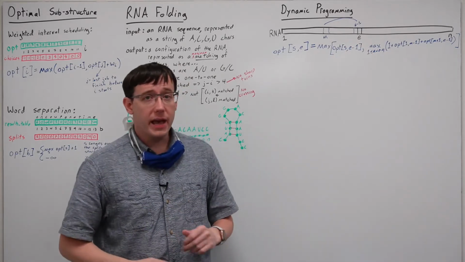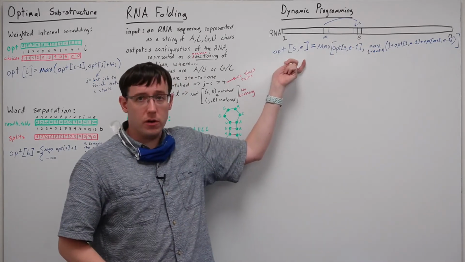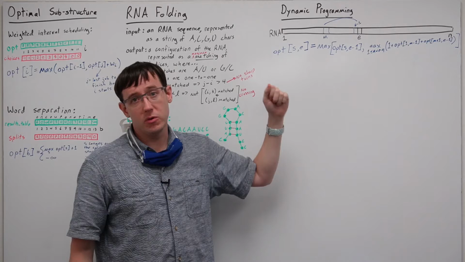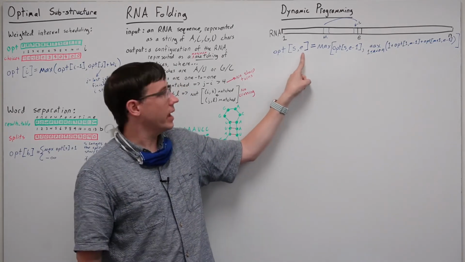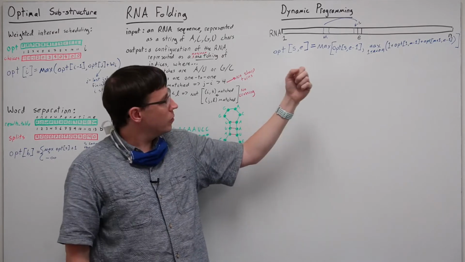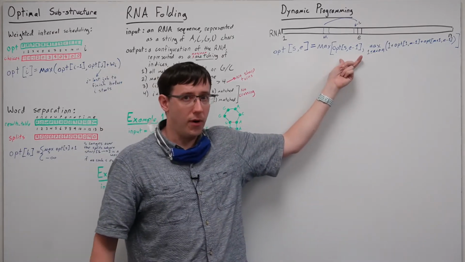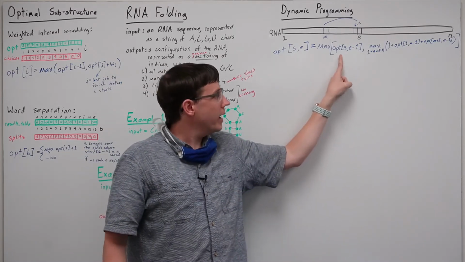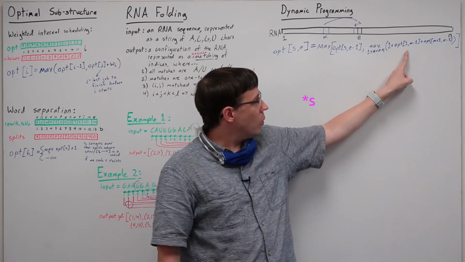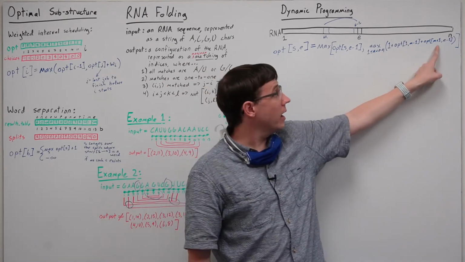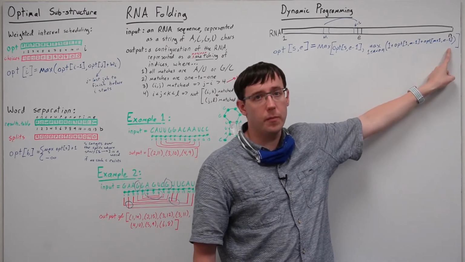And now we have a full equation for the optimal value of a subproblem starting at s, ending at e, in terms of smaller subproblems, either from s up to e-1 or from s to m-1 and m+1 to e-1.